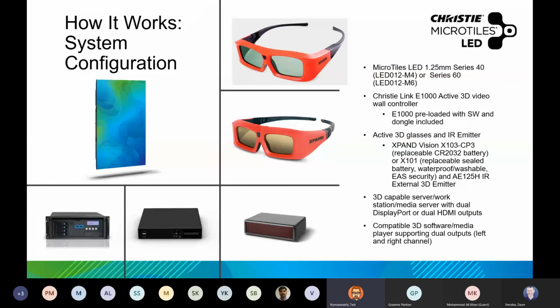So I want to just spend a few minutes to explain how this all works. I talked about the advantages and benefits of the experience, and now I want to help you understand how it all comes together, what the system requirements are, the solution requirements. So again, this MicroTiles LED Active 3D works on our 1.25 millimeter pixel pitch only, and it works on both versions of that product.